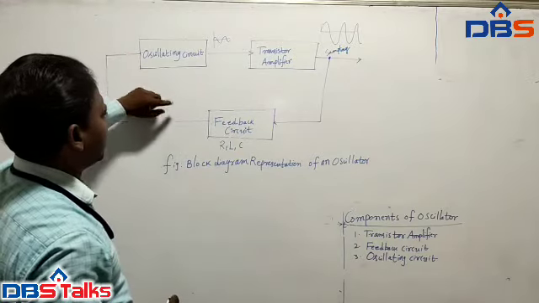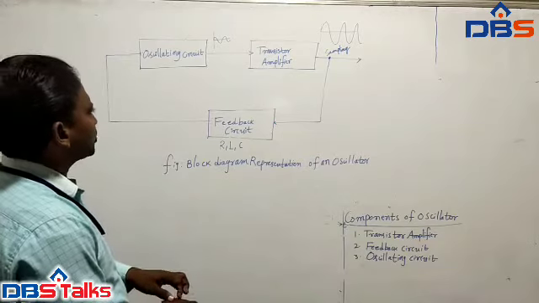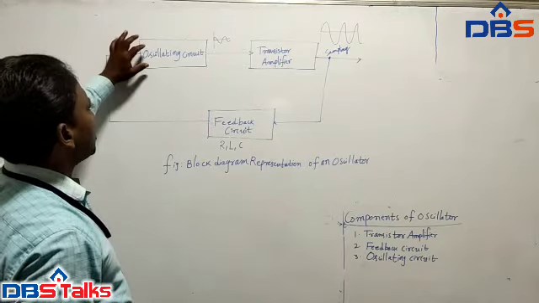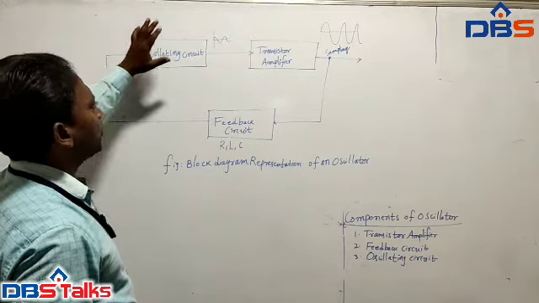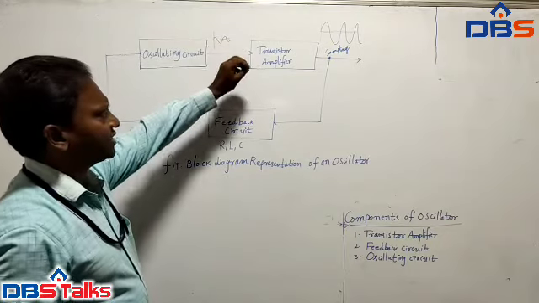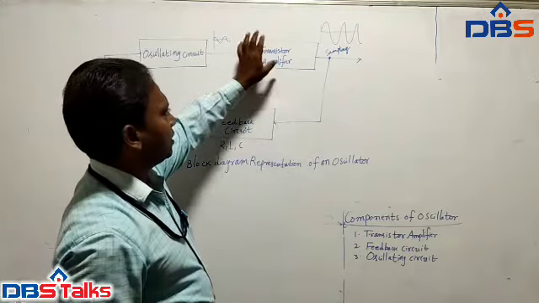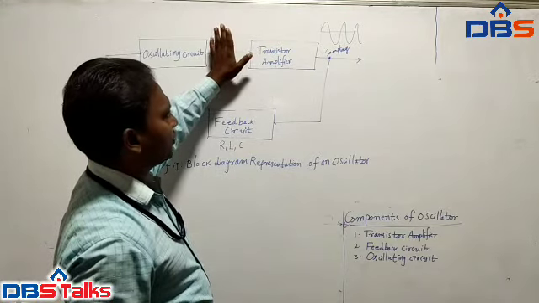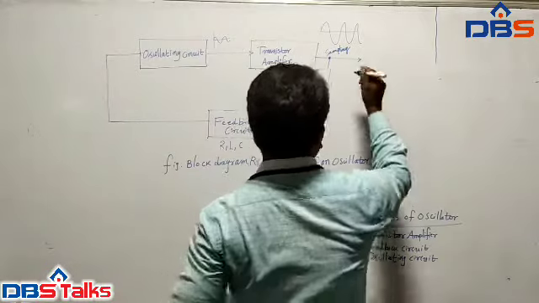The output of the feedback circuit is given to the oscillating circuit, which is responsible for producing oscillations. Those oscillations are given to the transistor amplifier, and so you get sustained oscillations here.